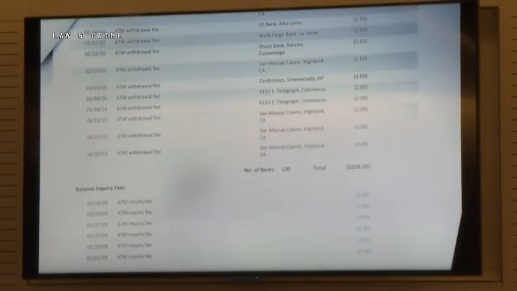So we'll stop at page 5, and if you can explain to us what we see in the middle above the balance inquiry fees. Okay, so as I said, there were ATM withdrawal fees on all these dates, and I listed them all out. There are 100 of them, and they total $209.